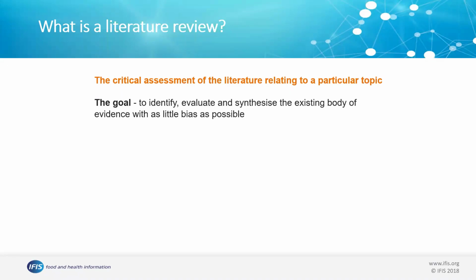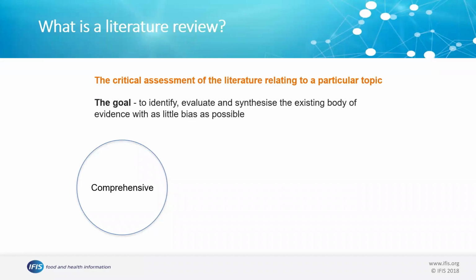If we define what a literature review is, it's the critical assessment of the literature relating to a particular topic. And the goal is to identify, evaluate, and synthesize the existing body of evidence, and then, key, with as little bias as possible.